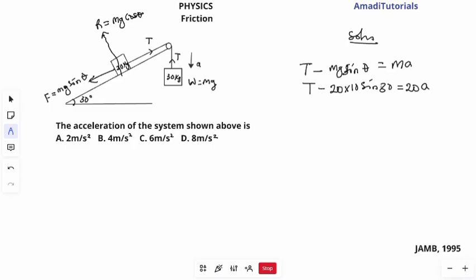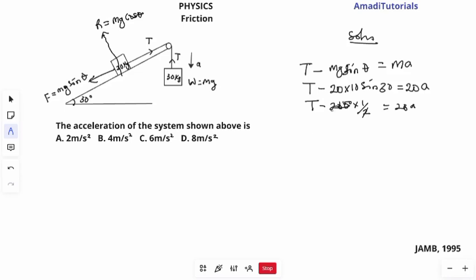So sine 30 is 1 over 2, so that here will be T minus 200 times 1 over 2. So this will cancel. You have here 100, equals 20A.